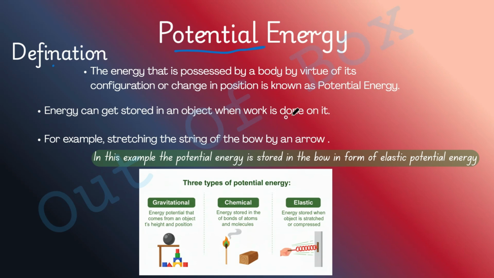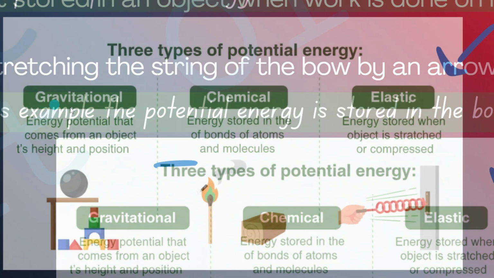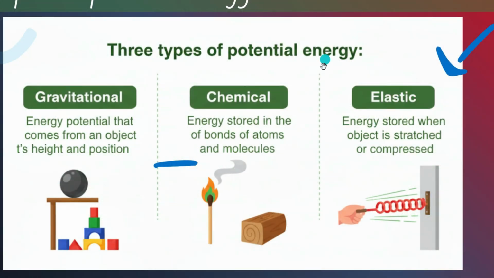Energy can get stored in an object when work is done on it, for example, stretching the string of a bow with an arrow. In this example, the potential energy is stored in the bow in the form of elastic potential energy. The types are gravitational, chemical and elastic.